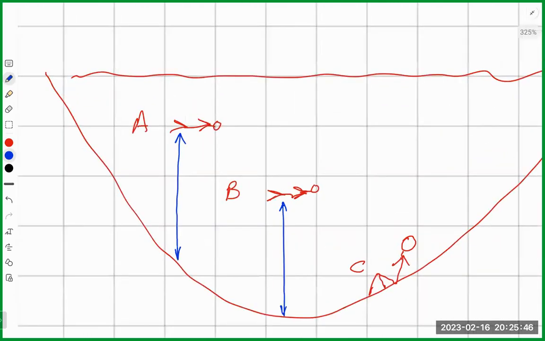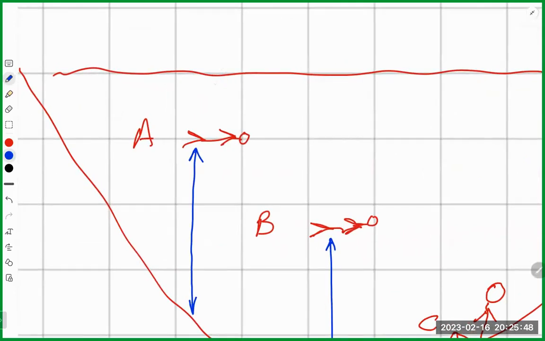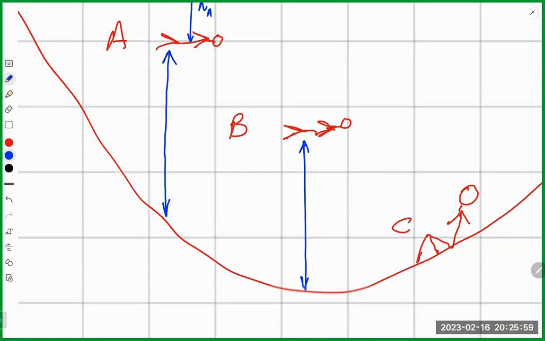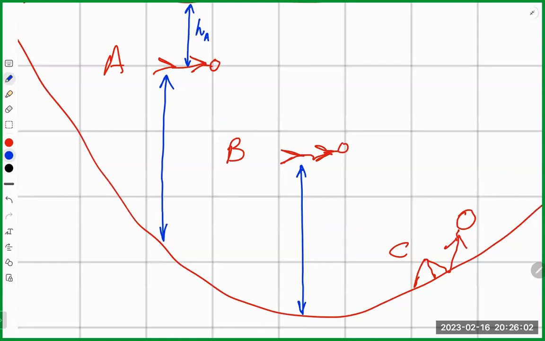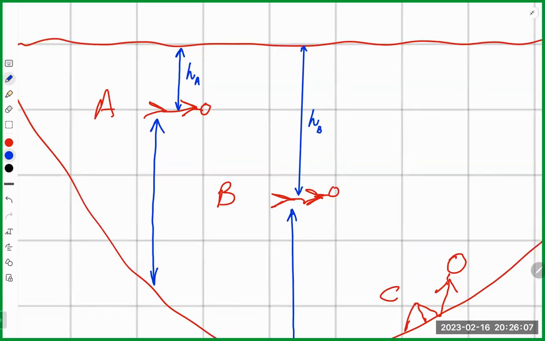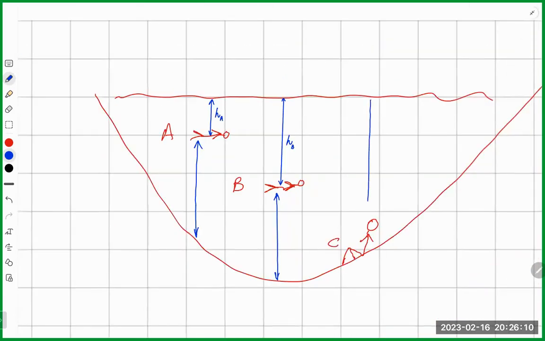But actually, when we say height, we mean height above the point. So this will be the height of column of fluid above A, this the column of fluid above B, and this the column of the fluid above C. Which one of these three has more fluid above it?